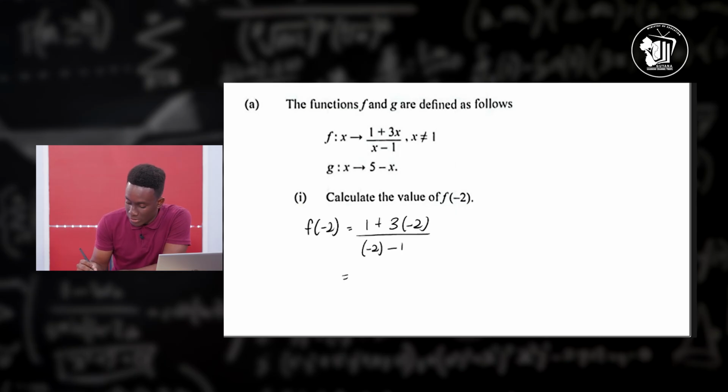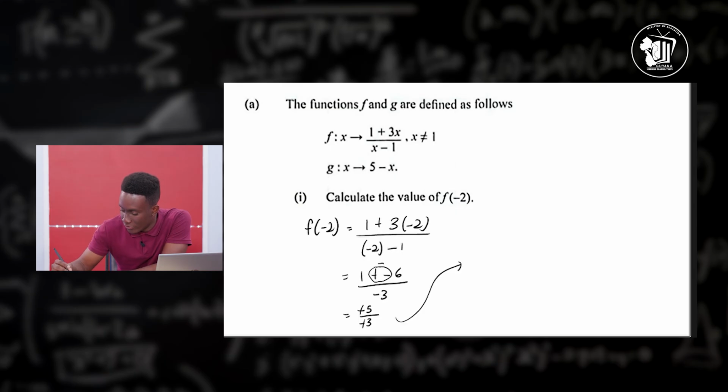So we'll have 1 plus, 3 times negative 2 would be negative 6, all divided by negative 2 minus 1 would be a negative 3. So this plus and minus will turn into a minus. So 1 minus 6 would be a negative 5 over a negative 3. These two negatives will cancel out. So we can therefore say f of negative 2 is equal to 5 over 3.